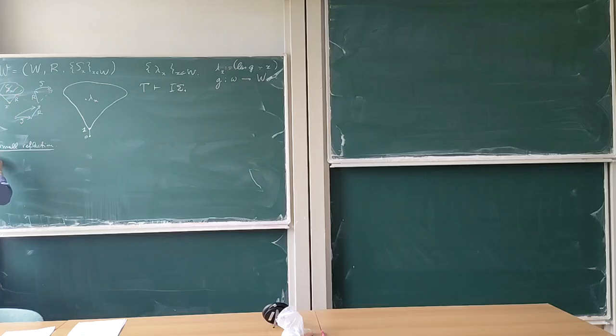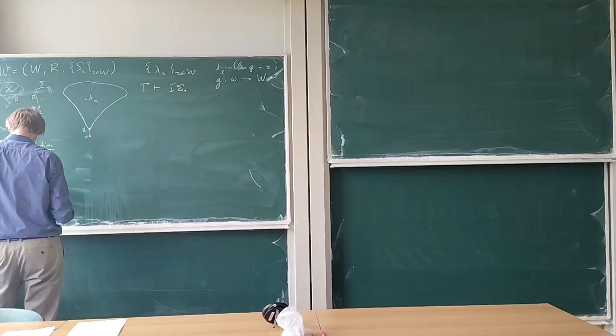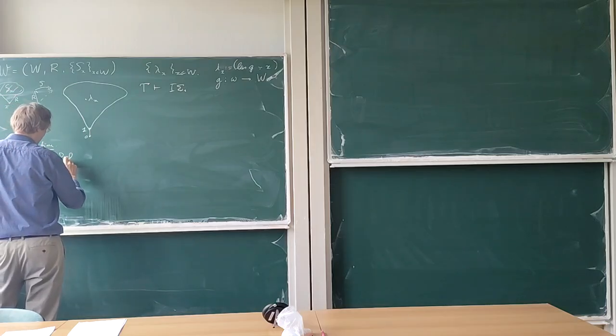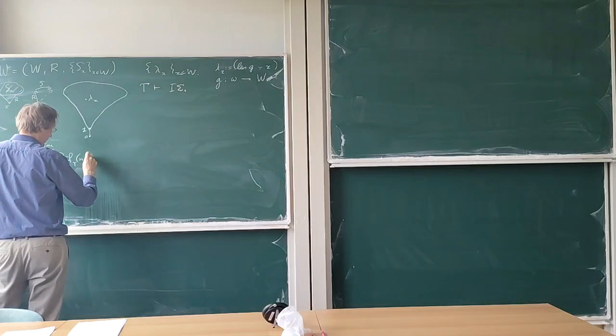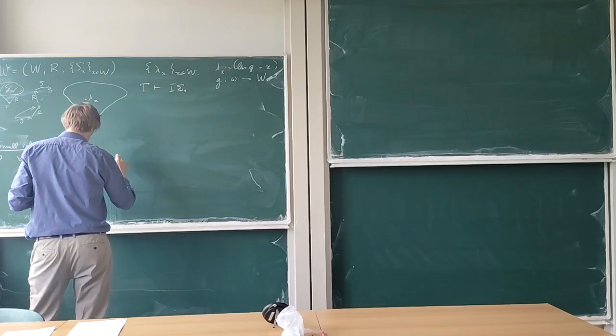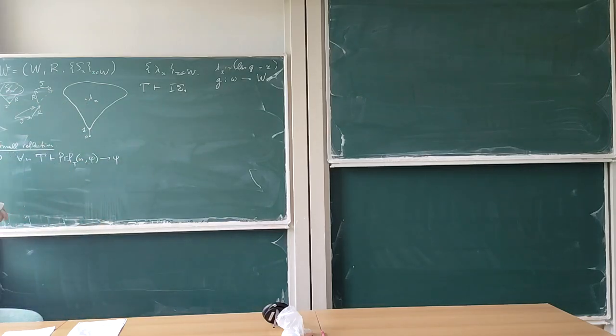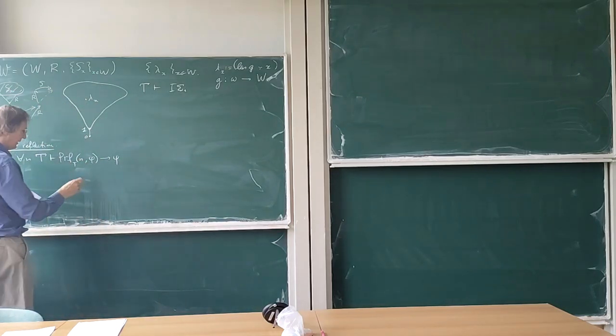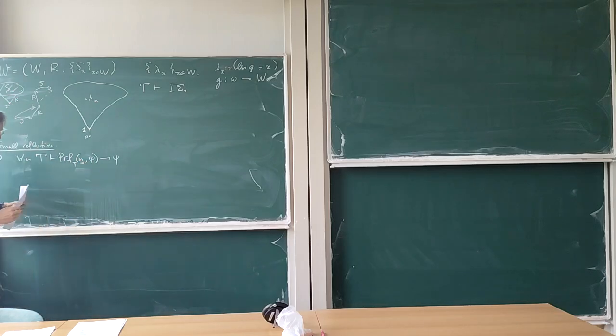The first says like this. For every sentence phi and every natural number n, our theory T proves reflection. For proofs, you can say for proofs less than n, but here it is stated just for the proof encoded by n.